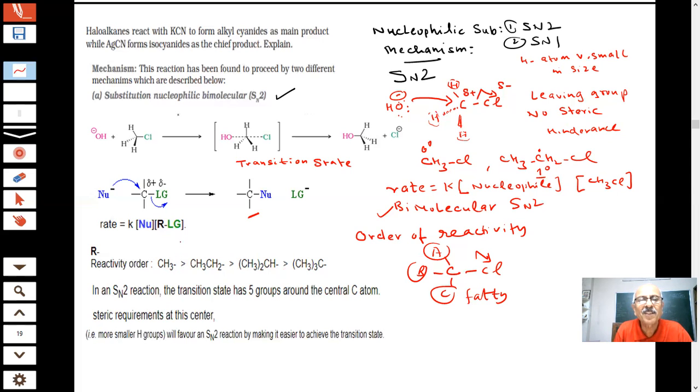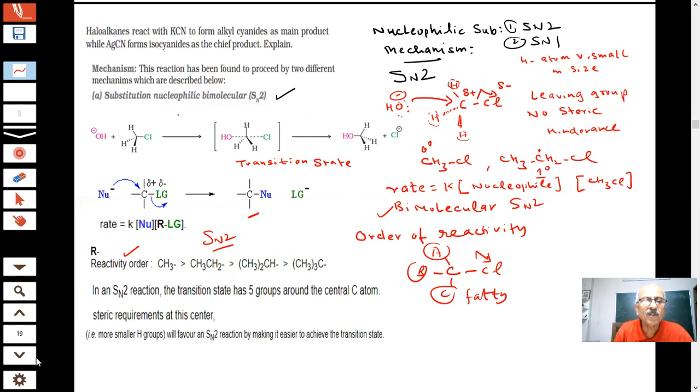Reactivity order is very important for SN2. In fact, tertiary will not undergo SN2 reaction because the CH3 groups are very big. Hydrogen was very small. So you can see this is how the SN2 mechanism proceeds. Any doubt? Okay, good.